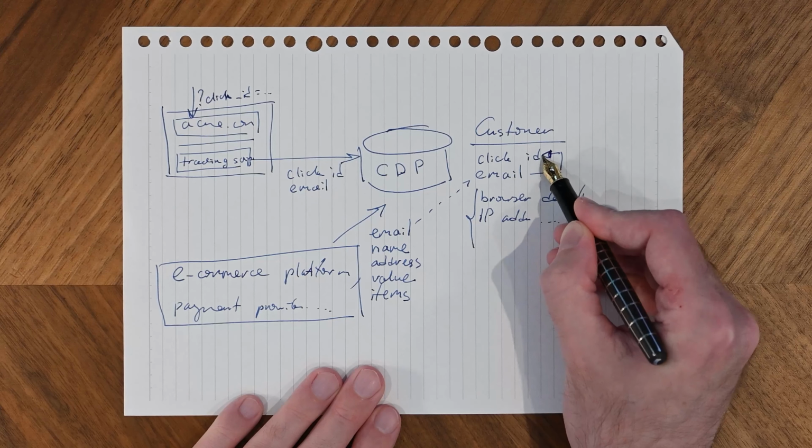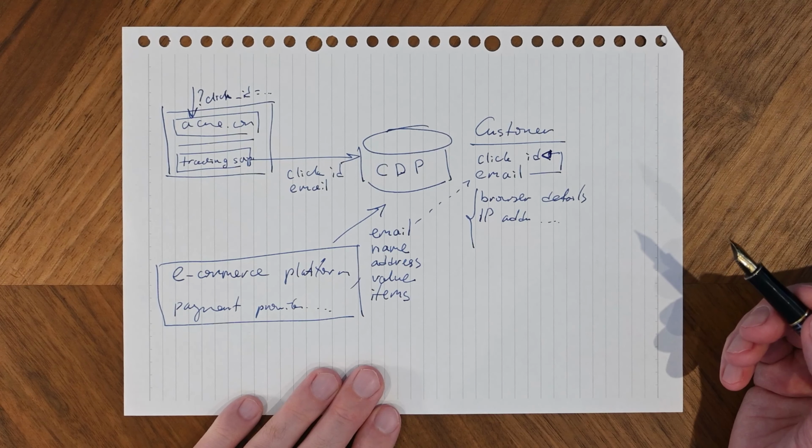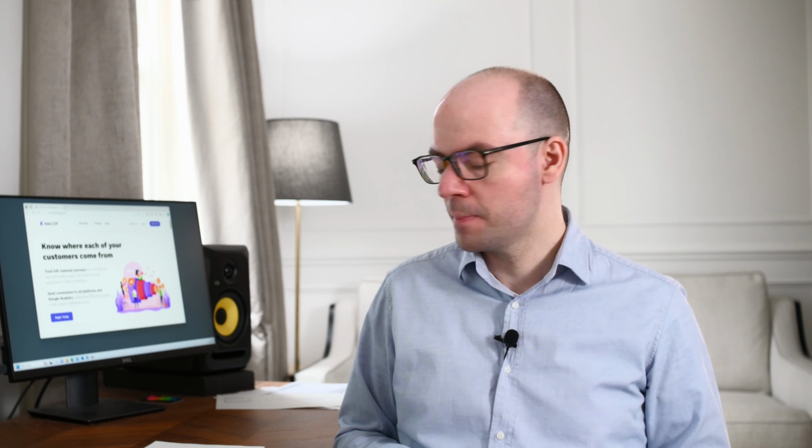And effectively, from the perspective of ad tracking, it uses the email to retrieve the click identifier or other identifier that is used by ad platforms to recognize who the customer is, and similarly the identifier that's used by Google Analytics to recognize who the website visitor was.